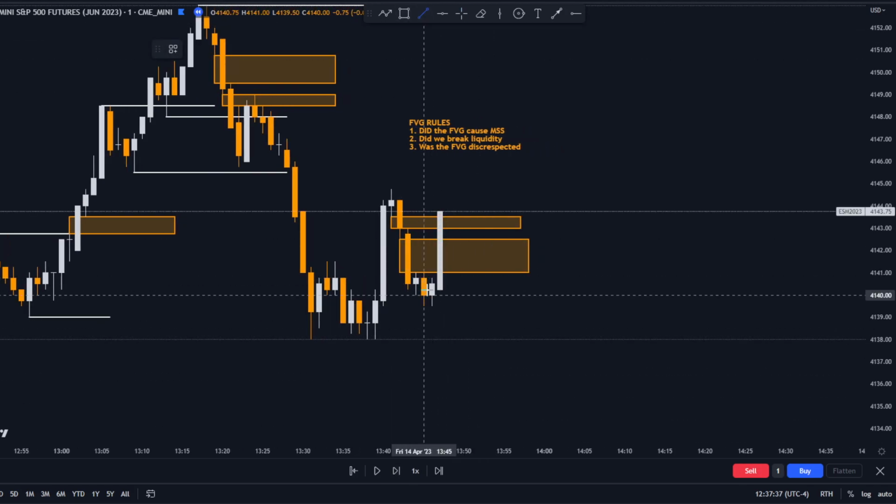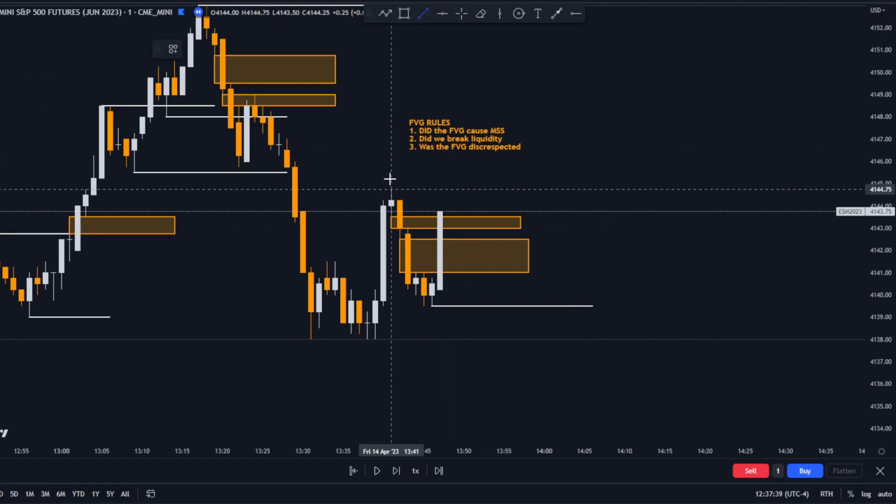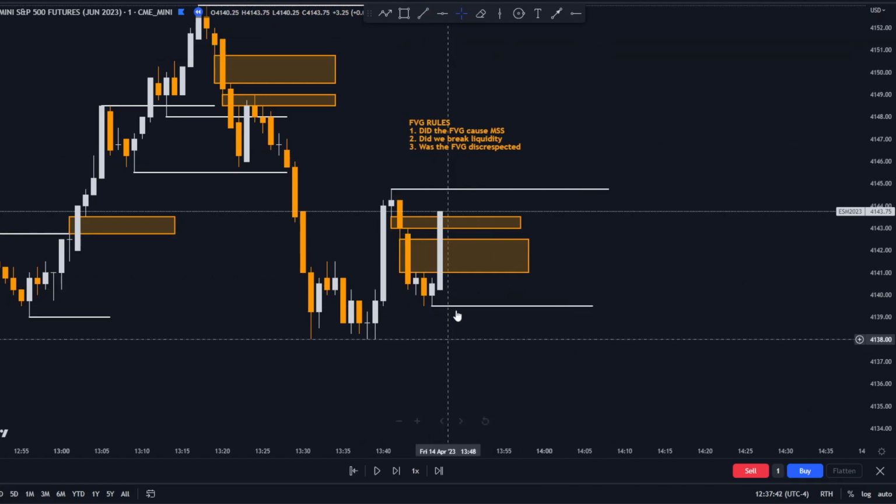Now, swing low, swing high, huge candle. We did not break this, but as you can see, it disrespected these fair value gaps. And why is that a good thing? Because now you want to see the other candle after this one respect them.